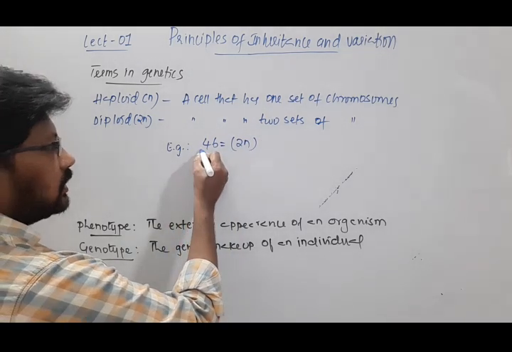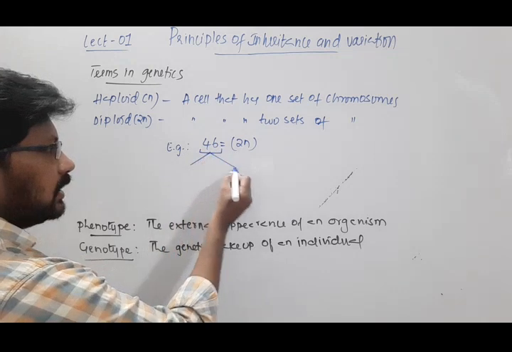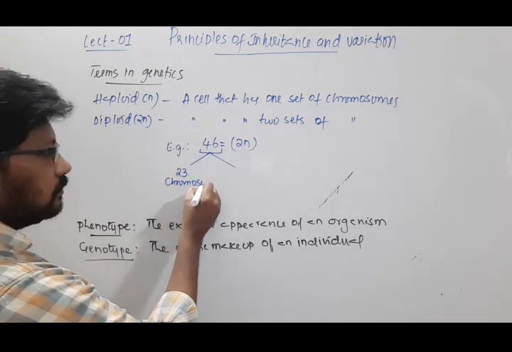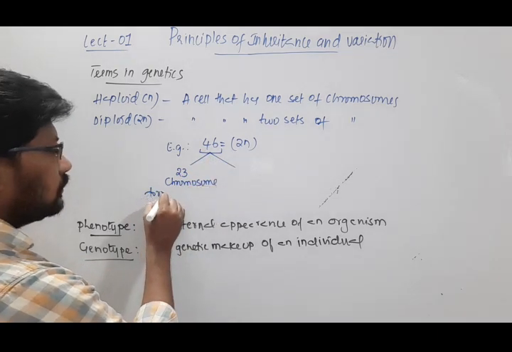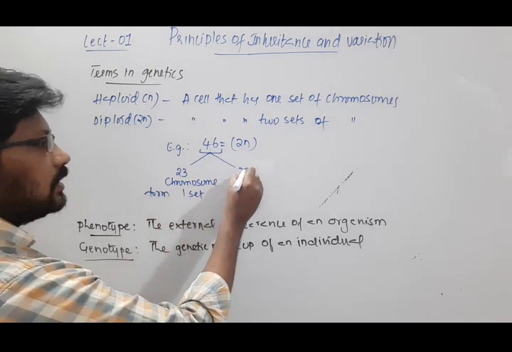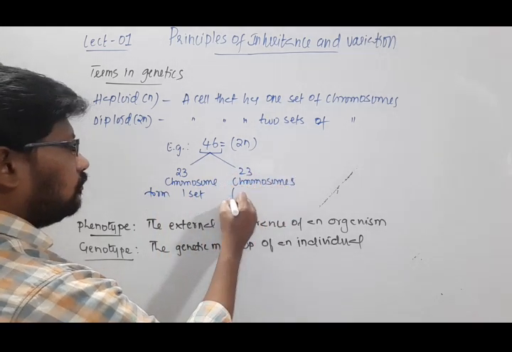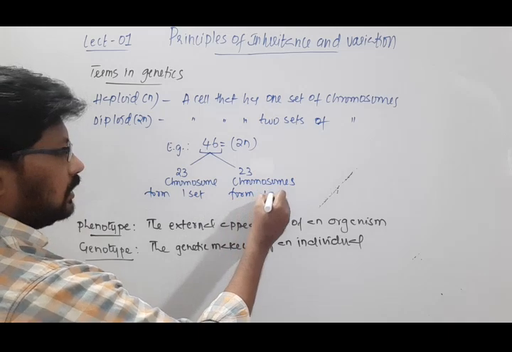In these 46 chromosomes there are actually two sets. 23 chromosomes form one set and the remaining 23 chromosomes form the other set.